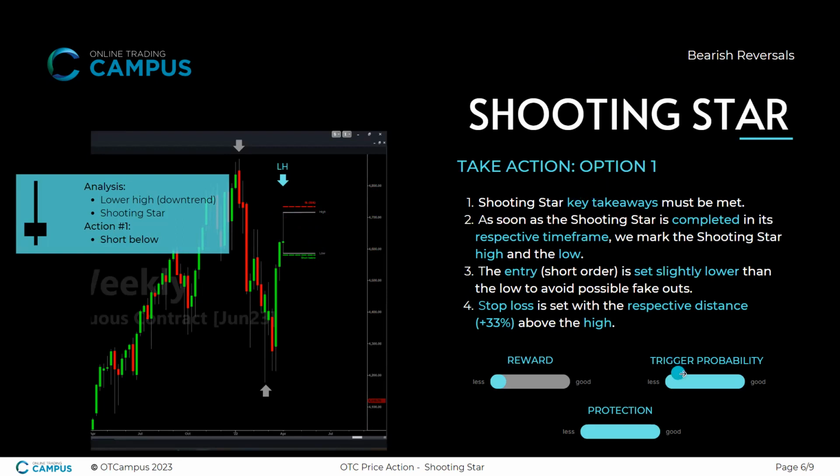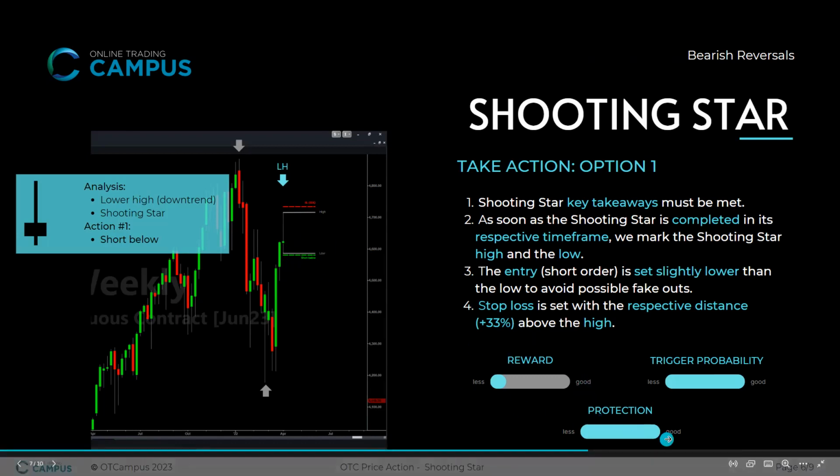Okay, but it's not wrong. Option one has a great trigger probability. That's the reason why I love option number one, the trigger probability. If we trade below, right, if price is moving down, then you're definitely filled 100%, and that's great. You will not miss this great trade opportunity. Protection, of course, is one of the best.